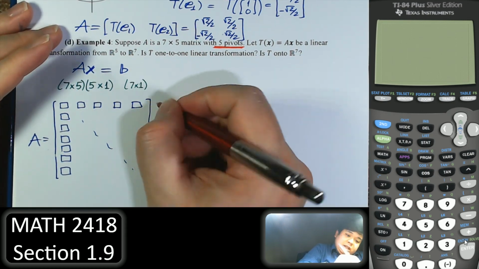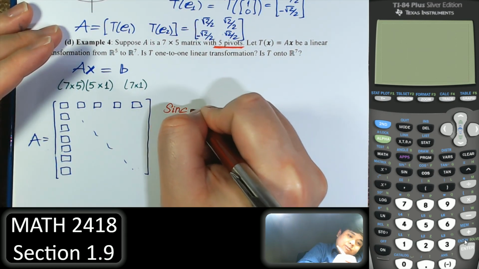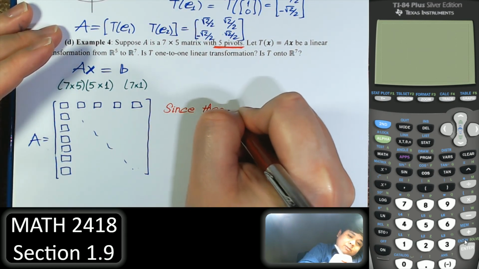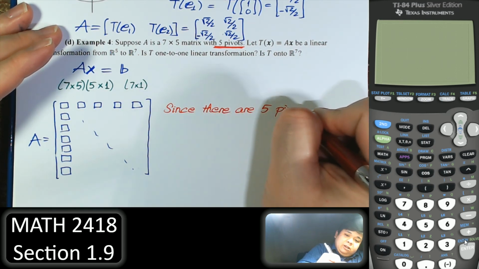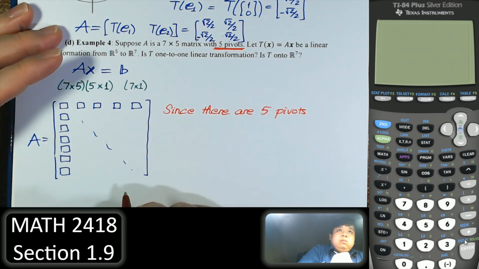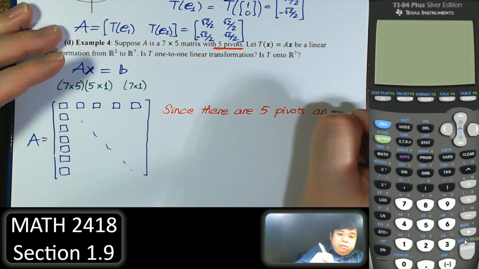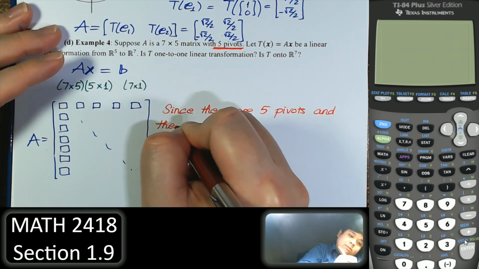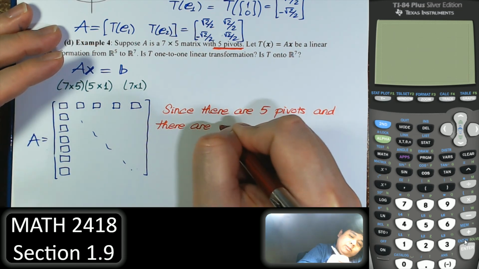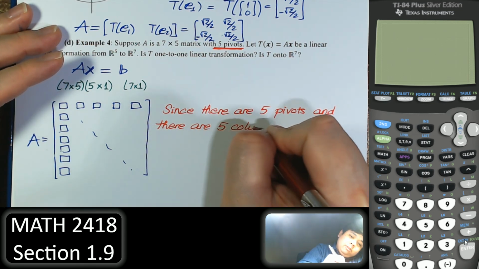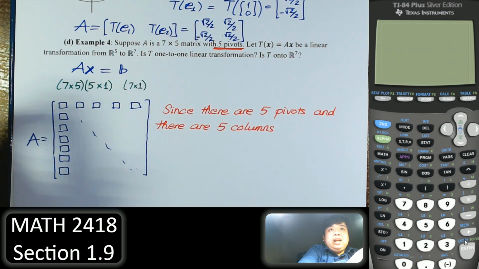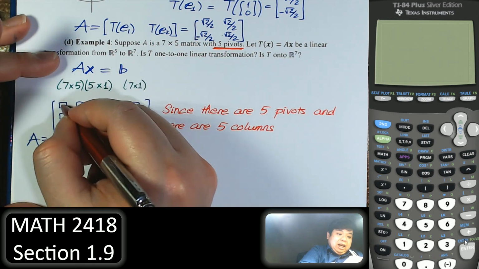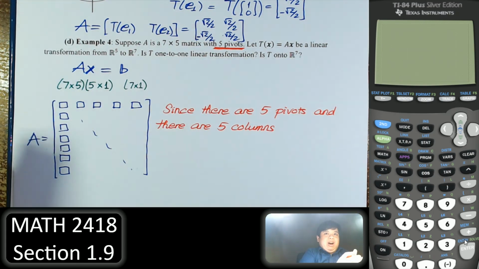Since there are 5 pivots and there are only 5 columns, we have a pivot on every column, meaning there will be no free variable. Because we cannot put 2 pivots in a column, right?